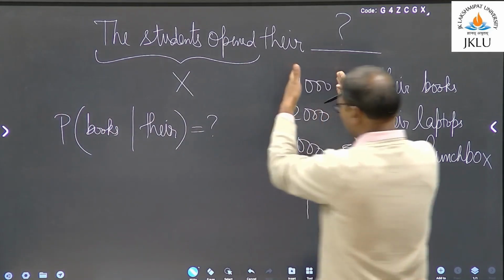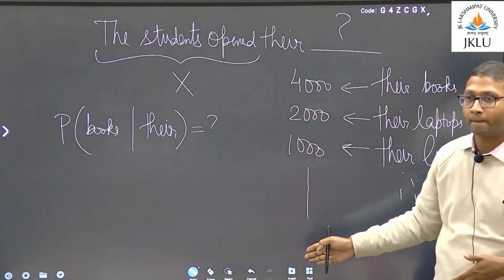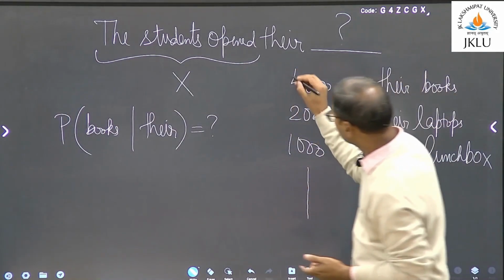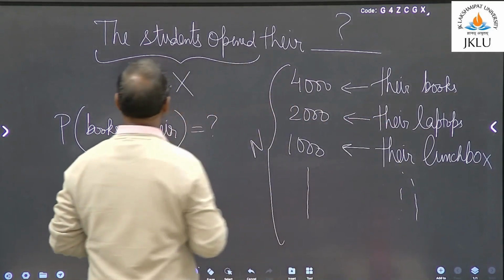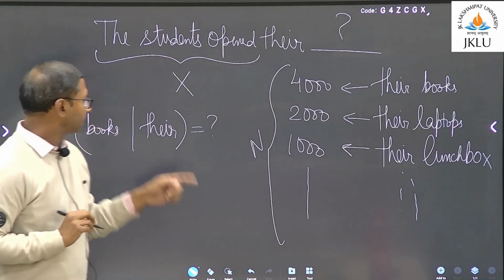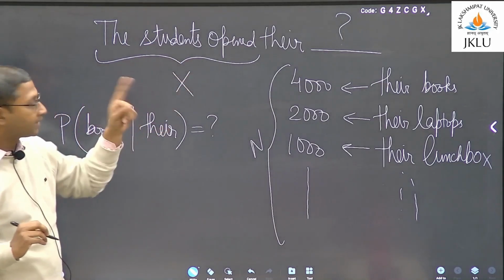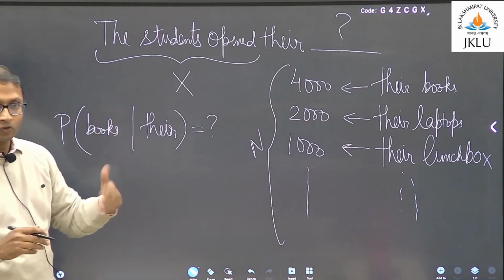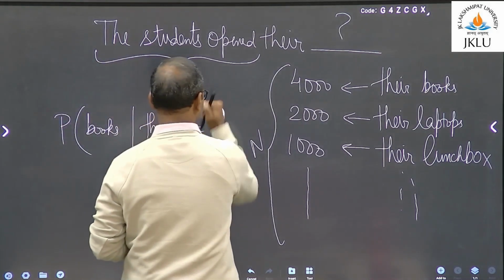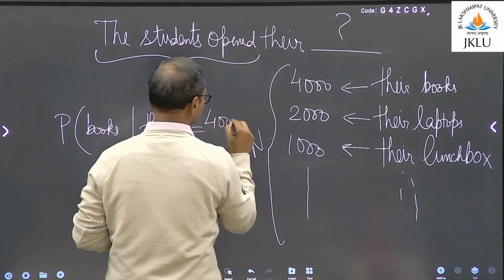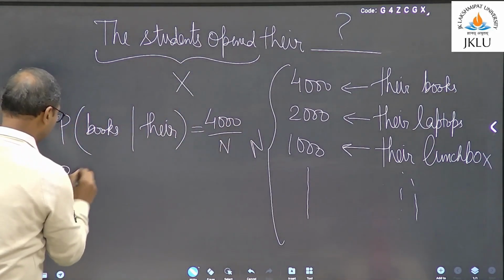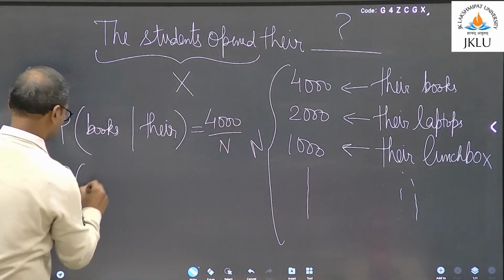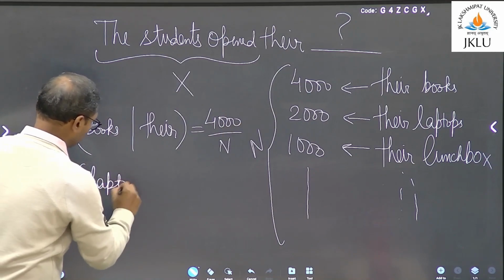So, I basically take sum over this, okay. So, let us say sum is capital N, then what is the probability of books coming after there? 4000 by N. So, this is 4000 by N, and similarly the probability of laptops.